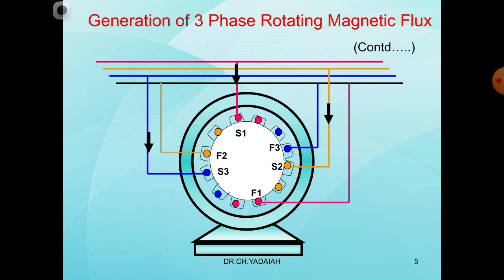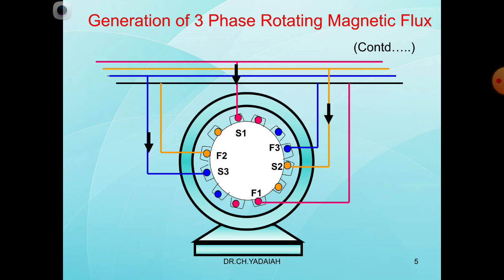Then how is the flux developed here? Each phase tries to produce its own magnetic field. You can see the R phase is connected to one phase, the Y phase to another, and the B phase to another, and all the finishing ends are connected to the common neutral.